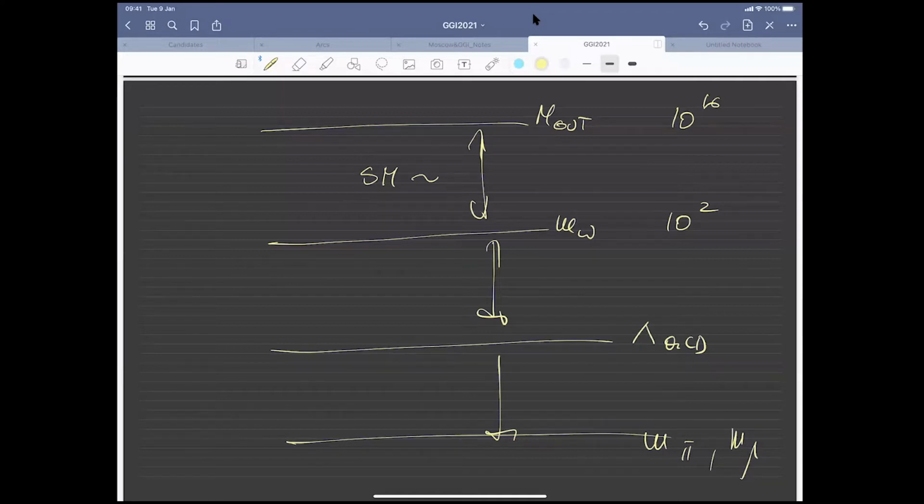Now, it turns out that this picture of quantum field theory being simply described by approximately scale invariant stages between thresholds is valid beyond perturbation theory.